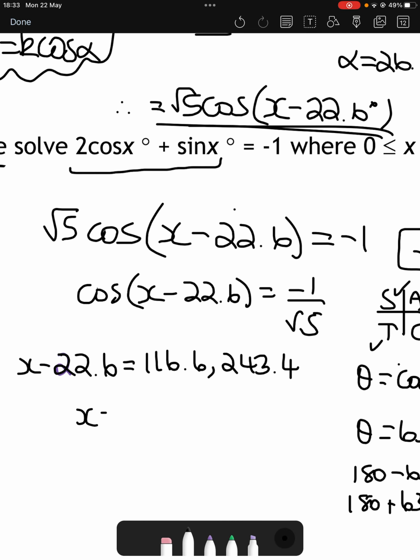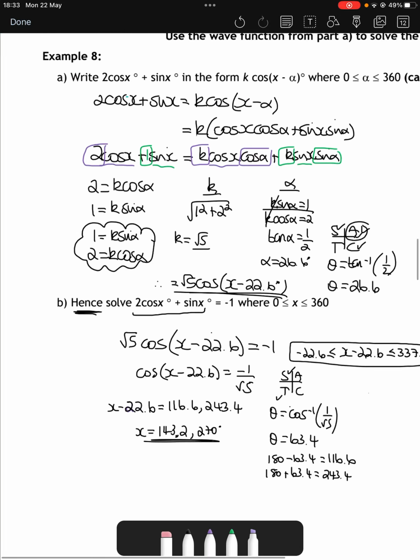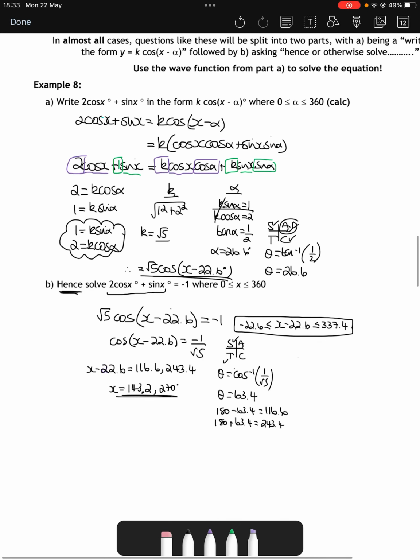So then we're just going to add on the 26.6, which is going to give us 143.2 and 270 degrees. So you always need to check your boundary in these types of questions. In this one, we don't have to add anything on. That's really a common solving part after tricky.